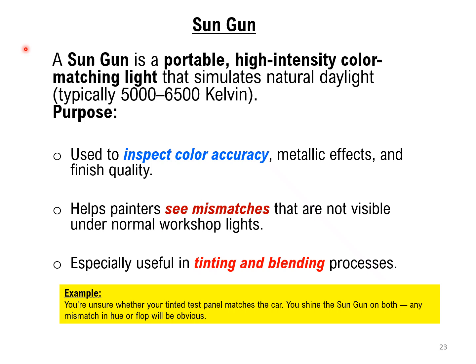The purpose of this tool is to inspect color accurately, particularly metallic effects and finish quality. A sun gun helps the painter see mismatches that are not visible under normal workshop lights. It is especially useful for tinting and blending processes.